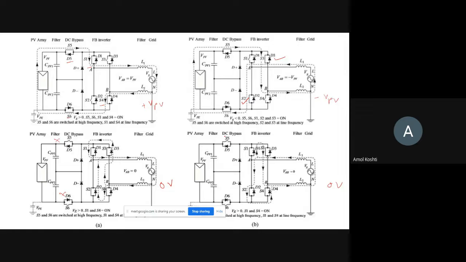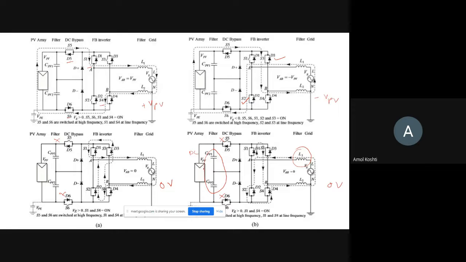So as we turn off this S5 and this S6, automatically this input DC will be disconnected from the grid. So we bypass this, so whatever is the stored energy will not come into this DC side, and there will not be any reactive power exchange between this L and this CPV.